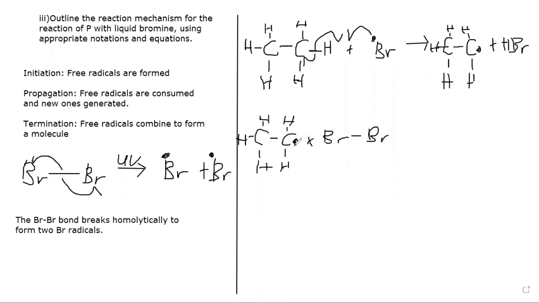All right, so as usual, we're going to draw our fish hook. Draw it a little better. All right, have to work with that. So again, this bromine to bromine bond here is going to be broken homolytically.